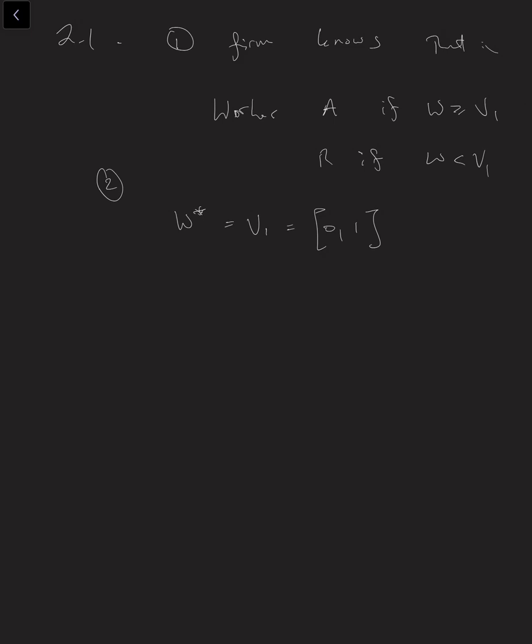Okay, so now we find an expression for the firm's expected utility, and then choose a W in [0, 1] that maximizes it.